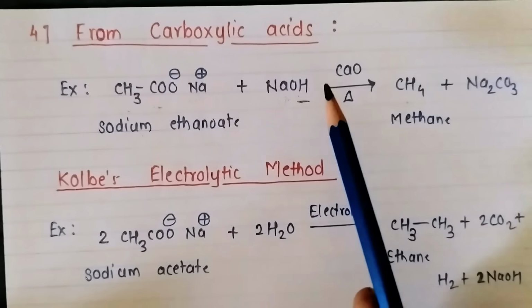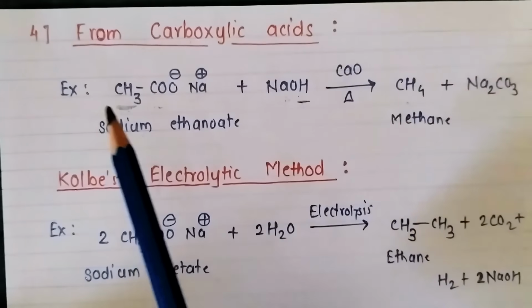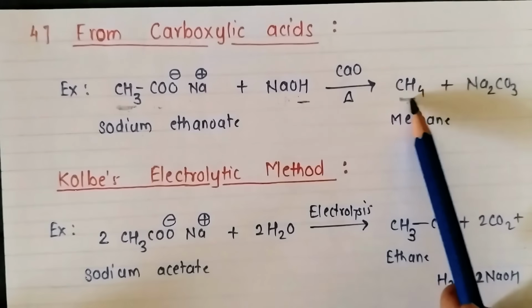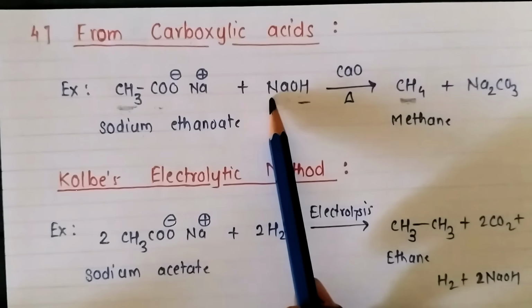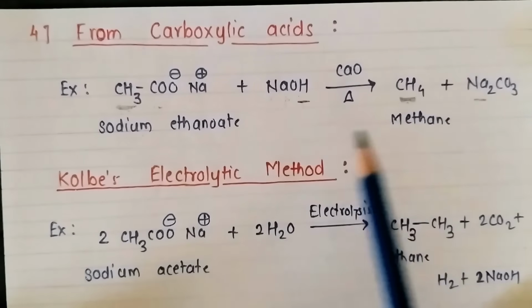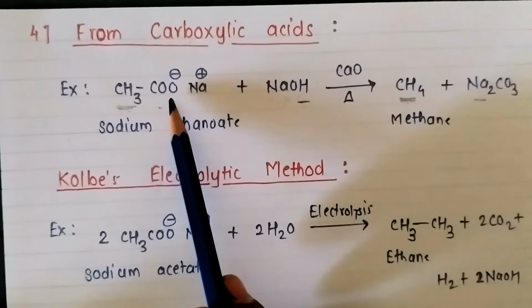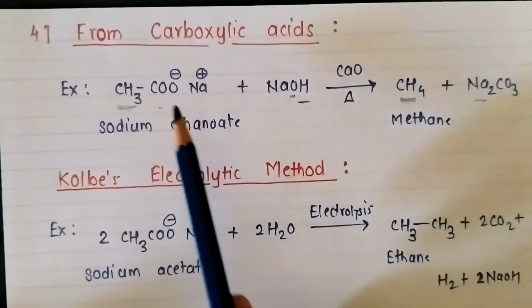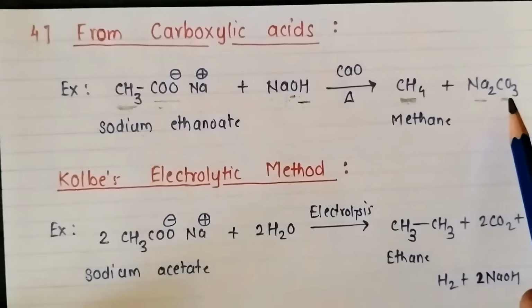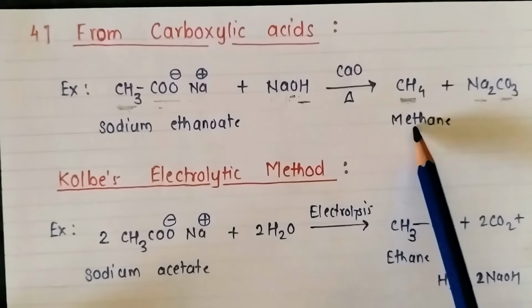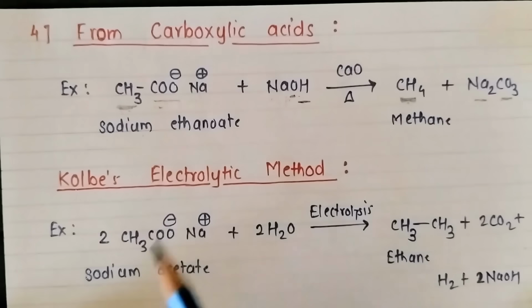One hydrogen and CH3 are removed as CH4, and the two sodium atoms, with the oxygen and CO2, are removed as Na2CO3. We get the alkane. So this is a method for the preparation of alkane by the decarboxylation method.